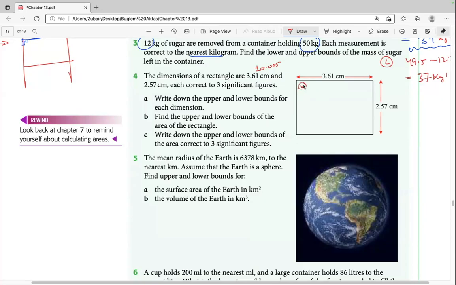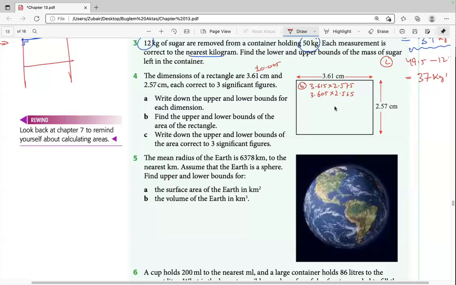So area is just the product of these two. Yes, we just multiply. So the highest one would be 3.615 and then 2.575, right? Yes, for the upper bound. And the lower bound would be 3.605 times 2.565.